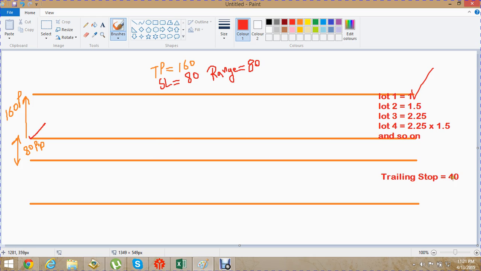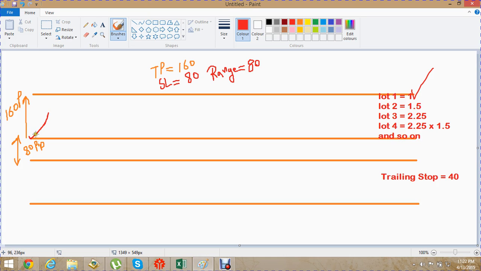40 pips trailing stop. As soon as your trade goes 40 pips in your favor, your SL will be moved to break even, and then with each pip the market moves in your favor, your stop loss will be shifted upwards.